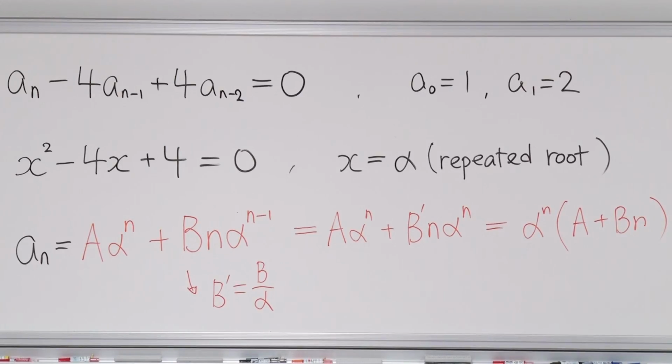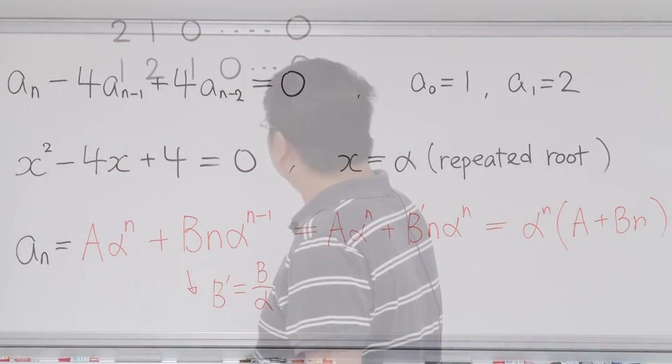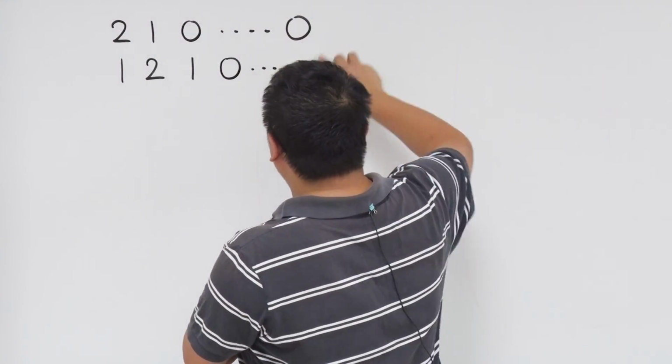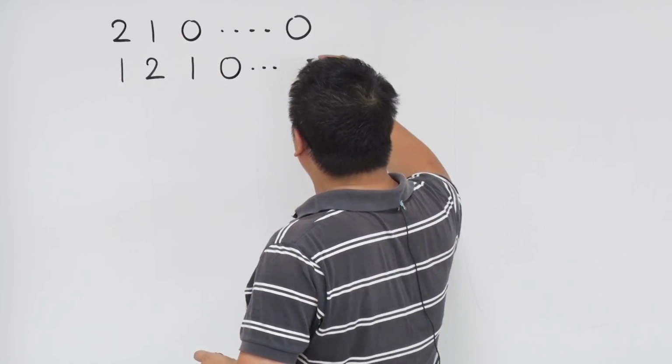Let's try to look at this matrix. This matrix is like 2, 1, and then a bunch of zeros. And then the next row is 1, 2, 1, and then a bunch of zeros.